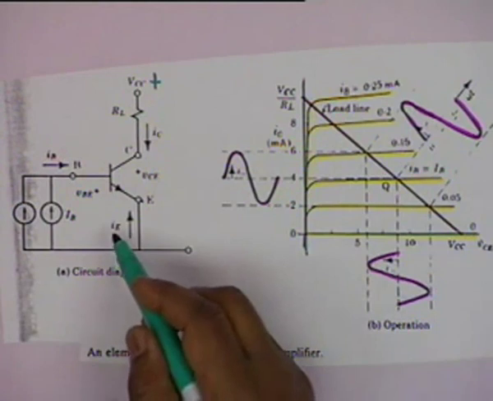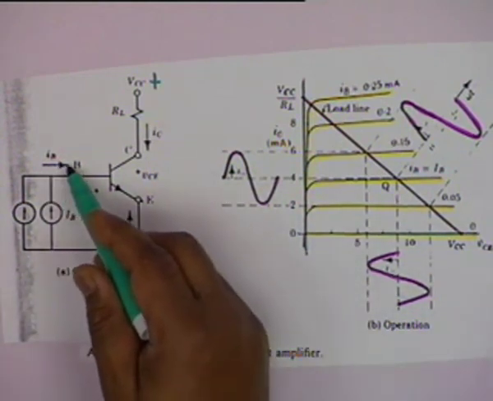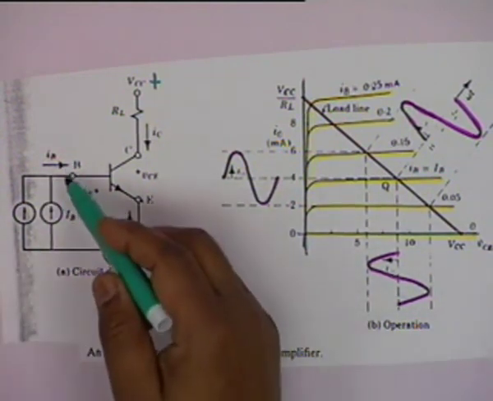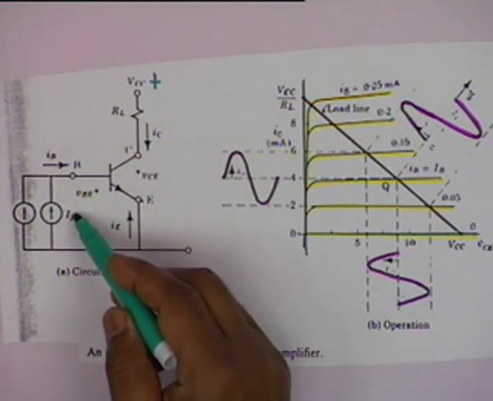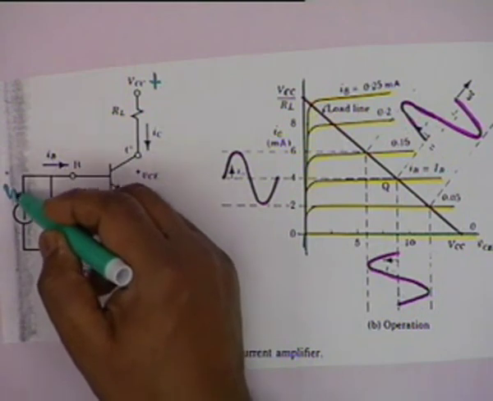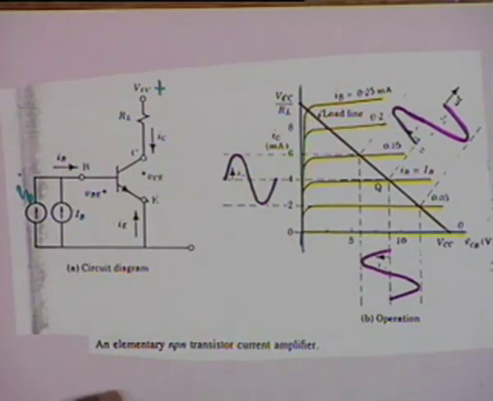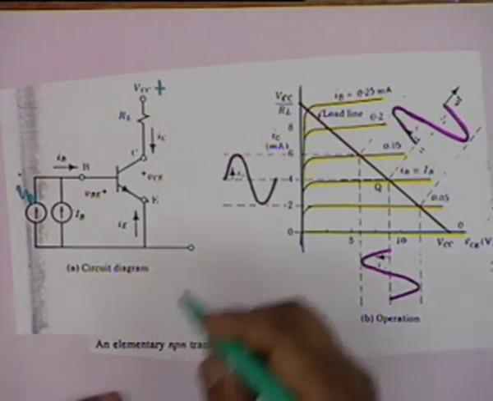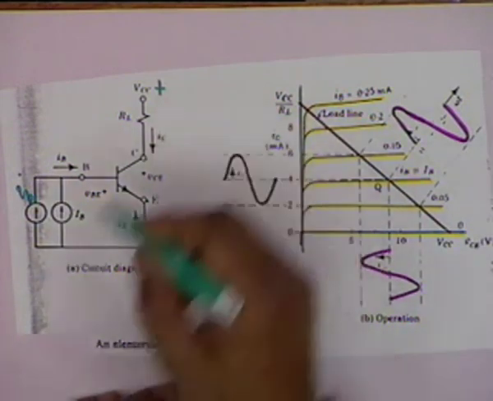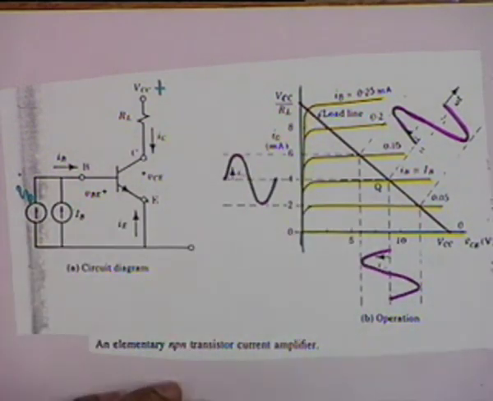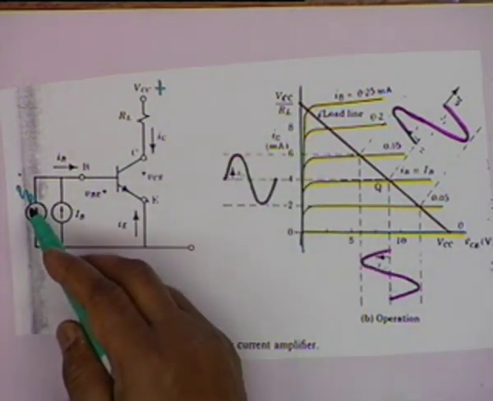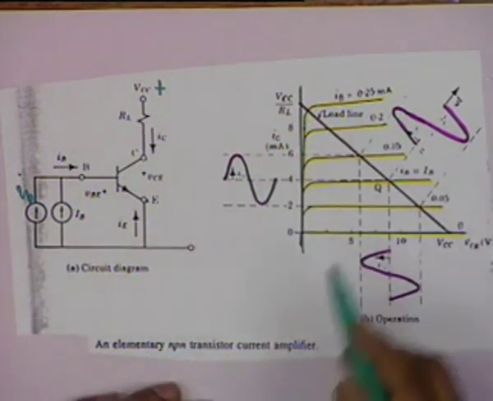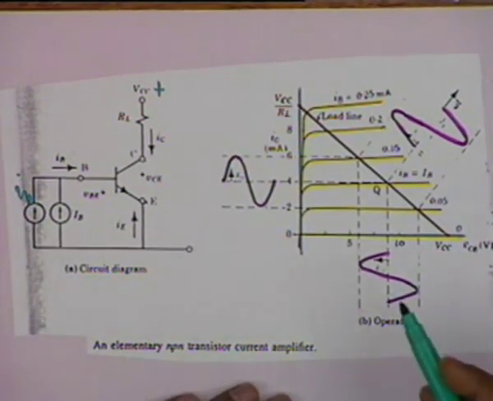On the other hand, a current I sub B enters here, and you can see that it contains two parts. One is the DC part or the quiescent part, and the other is the signal part, small i sub small b. Okay, and it is this current I sub C or this voltage VCE which varies in accordance with I sub B. This characteristic shows this more clearly.